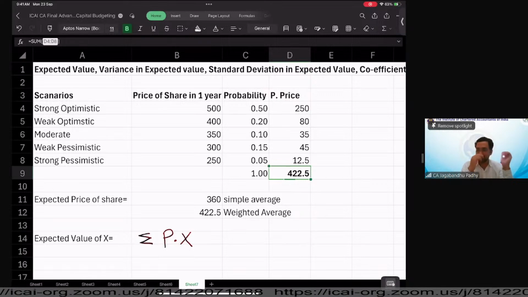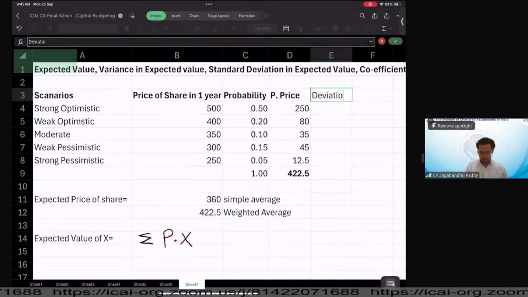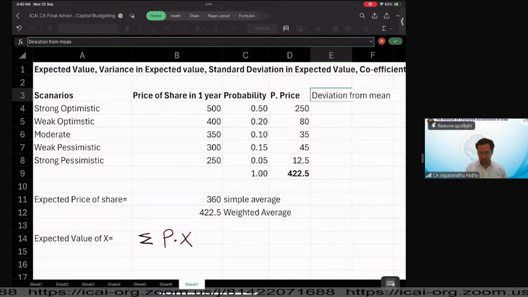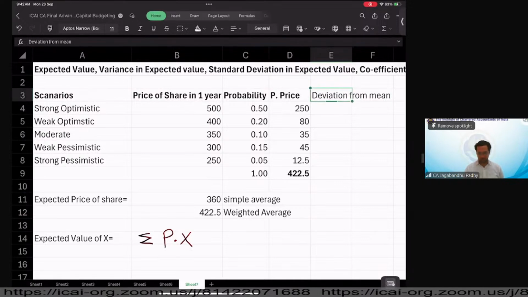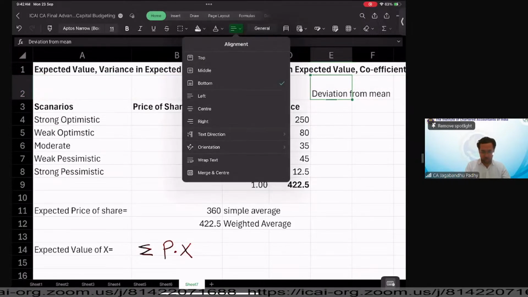So let us do one thing. To get the degree of variation, let us calculate the difference between the price and the expected price. We'll call this deviation from mean.